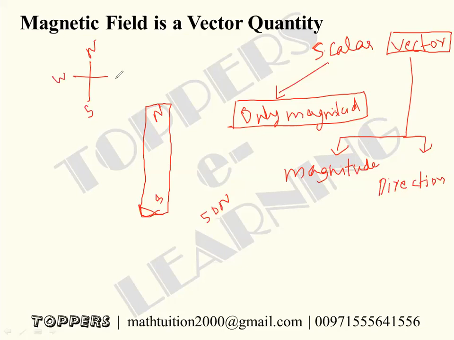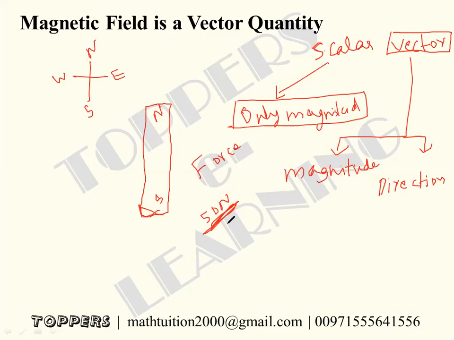But all such answers will not be correct unless I say in which direction I am applying the 50 Newton force. Just saying a force with the magnitude only will not give the complete sense.